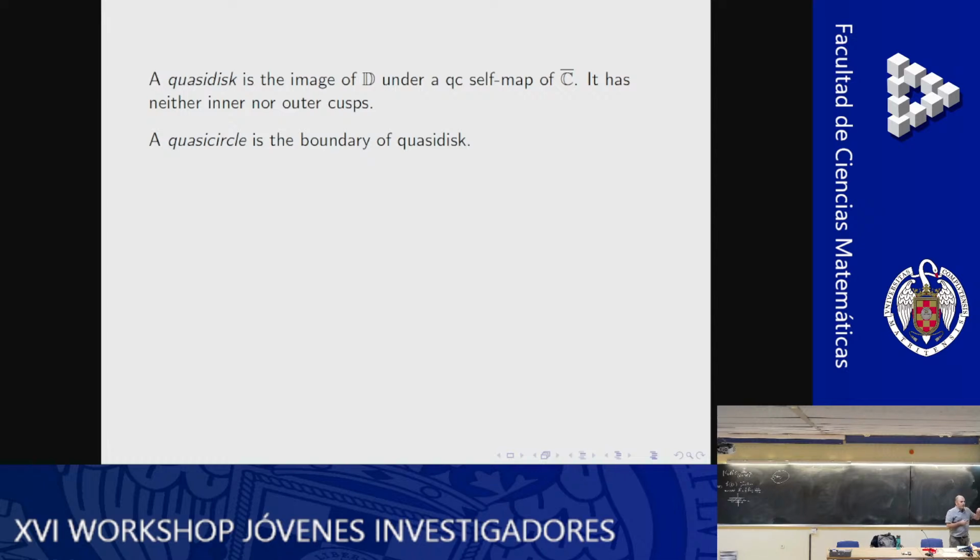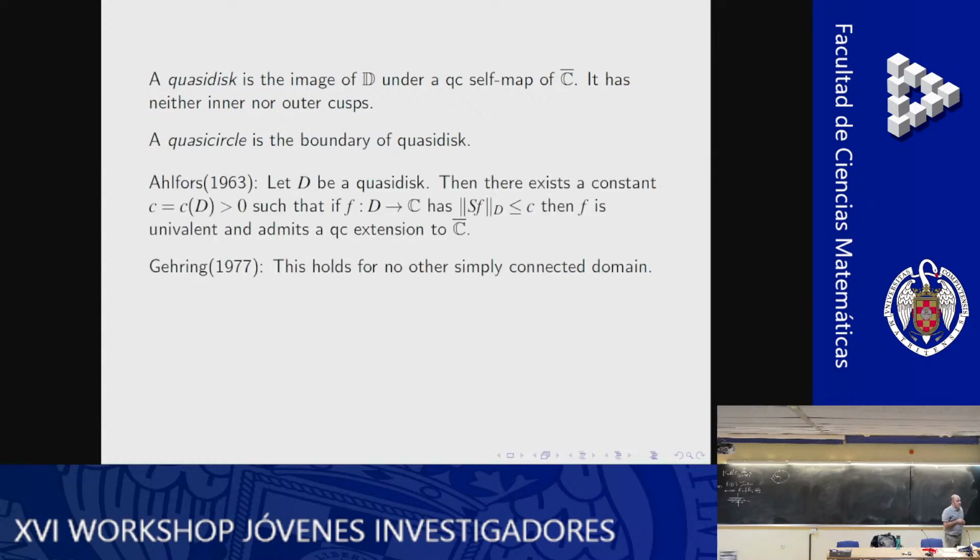Also, their boundaries are called quasi-circles. So the big theorem is by Ahlfors, telling us that on a quasi-disk there exists a constant such that if f has Schwarzian bounded by that constant, then f is univalent and admits also a quasi-conformal extension to the Riemann sphere.